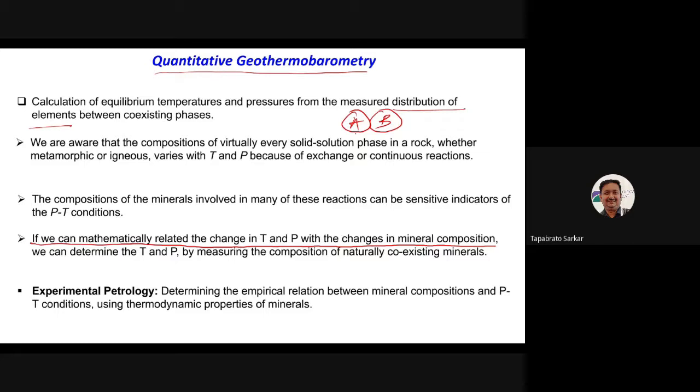We have seen in metamorphic petrology the changes in the composition of the mineral. Now the composition of both A and B changes by different reactions or exchange. We will see what the relations are.